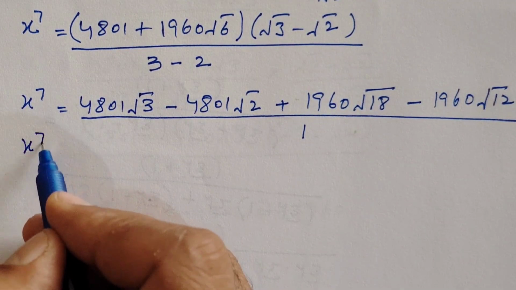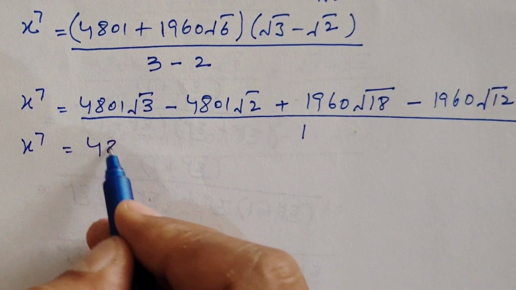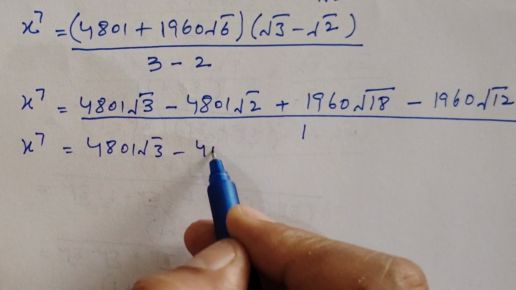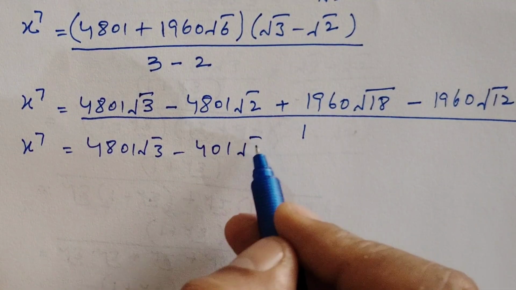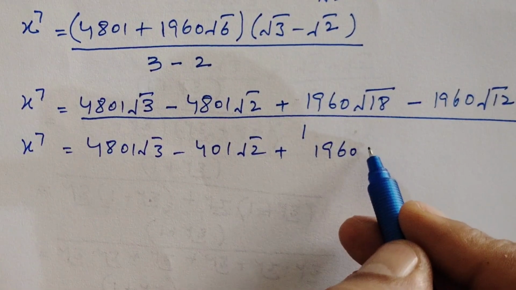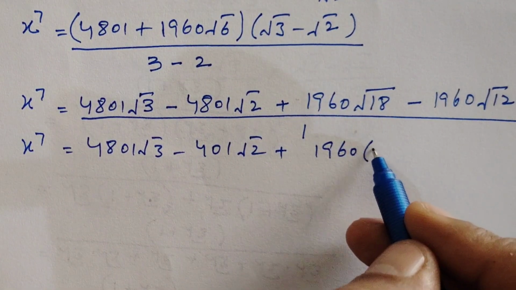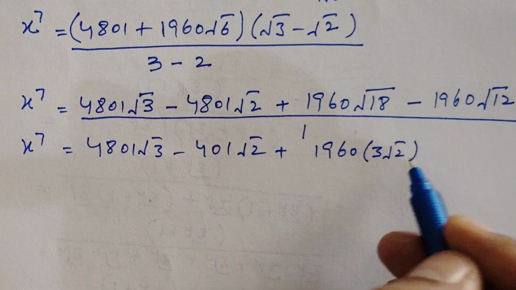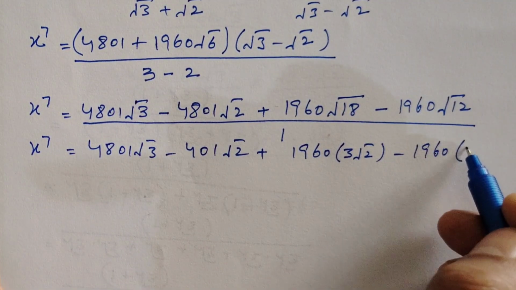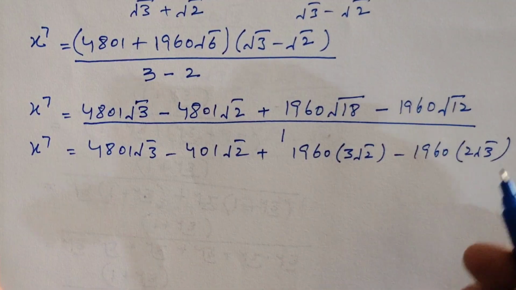X power 7 is equal to 4801 square root 3 minus 4801 square root 2 plus 1960 square root of 18, which is 3 square root of 2, minus 1960 square root of 12, which is 2 square root of 3.